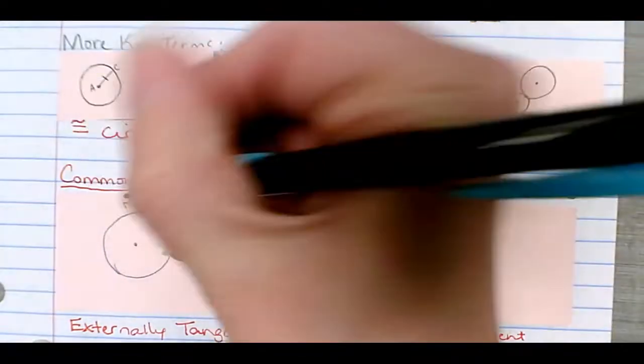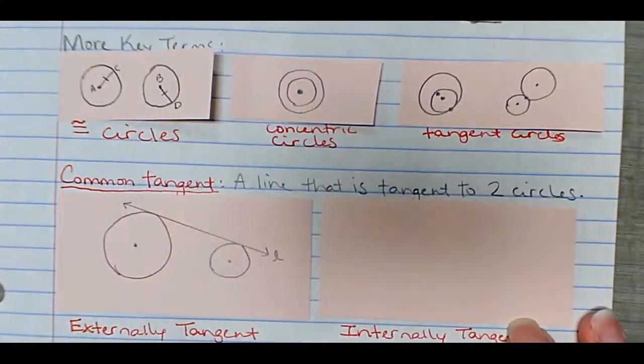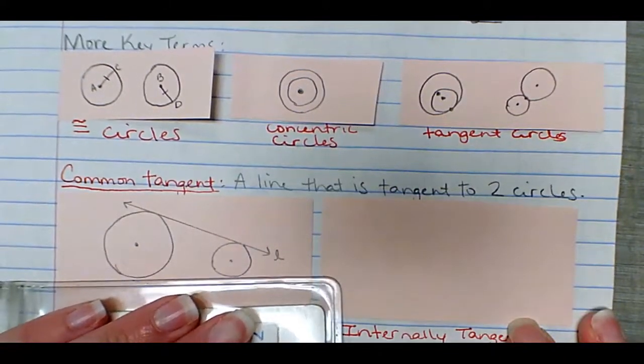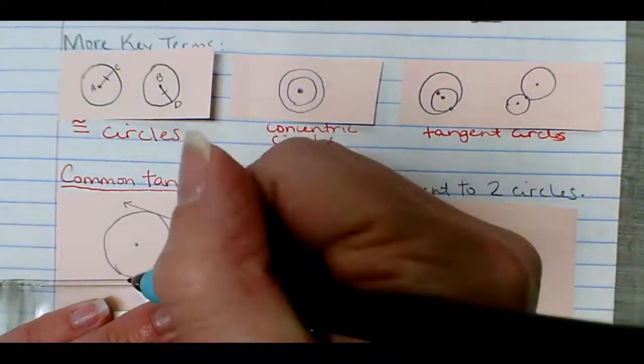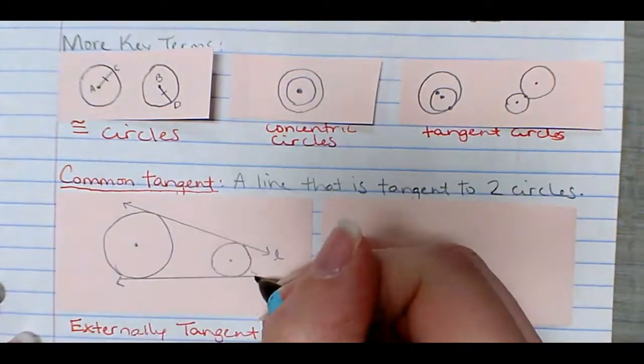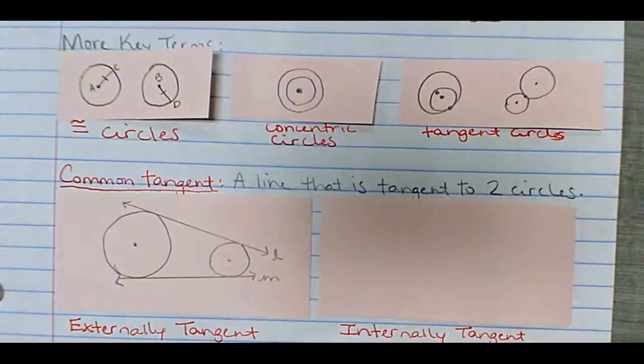Okay, so maybe line L, maybe down here, touching only at one place on the circle. Maybe line M. So these would be considered common tangents. Line L and line M are lines that are tangent to two circles. And they're externally tangent because they're on the outside of the circles.